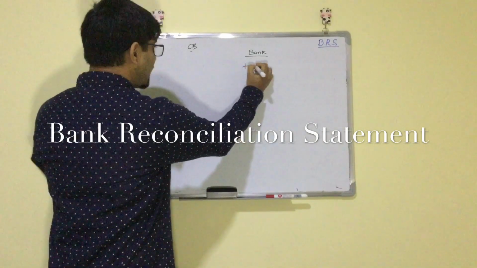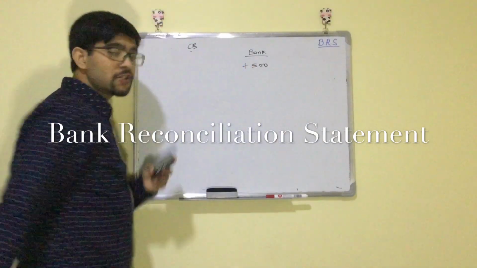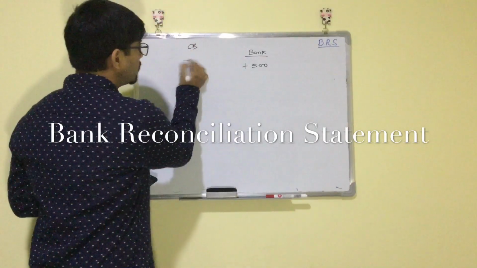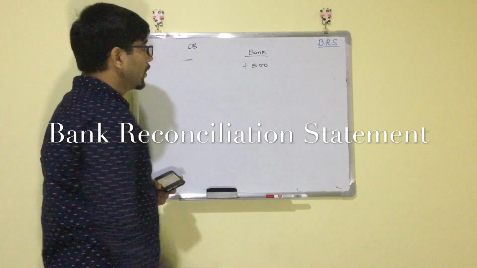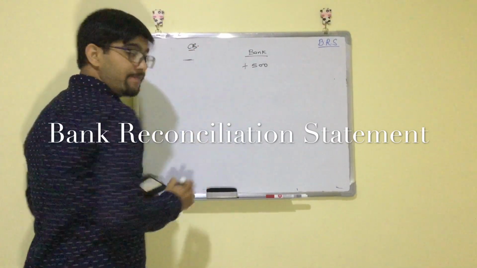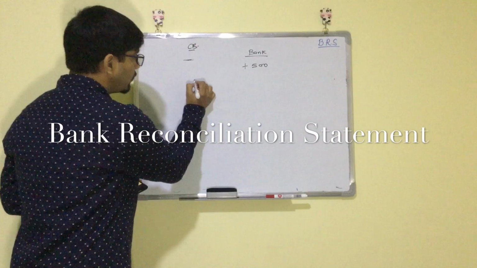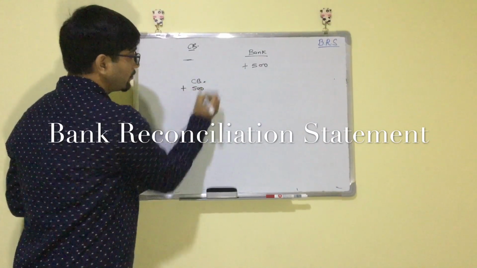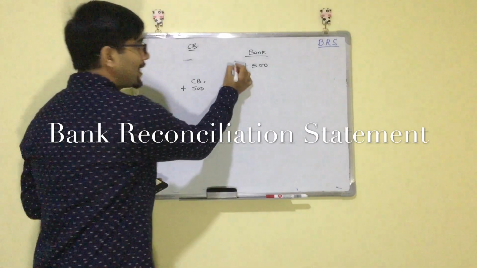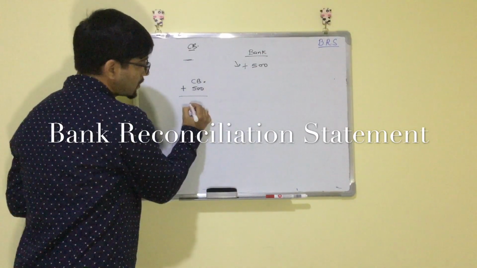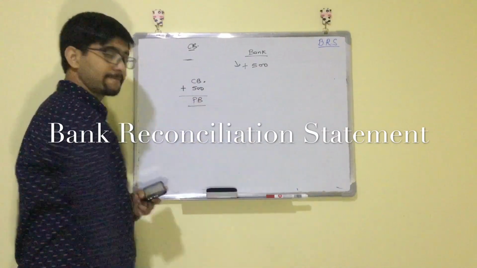So the bank has already added $500 to our account, but we don't know. If you want to go from cash book balance to passbook balance, we need to add this figure because we have not moved our balance for this adjustment. So add this figure to the cash book and we'll reach the passbook.